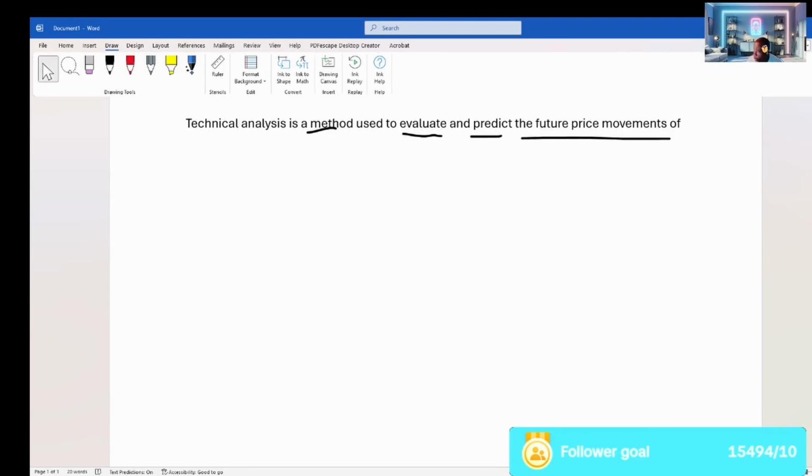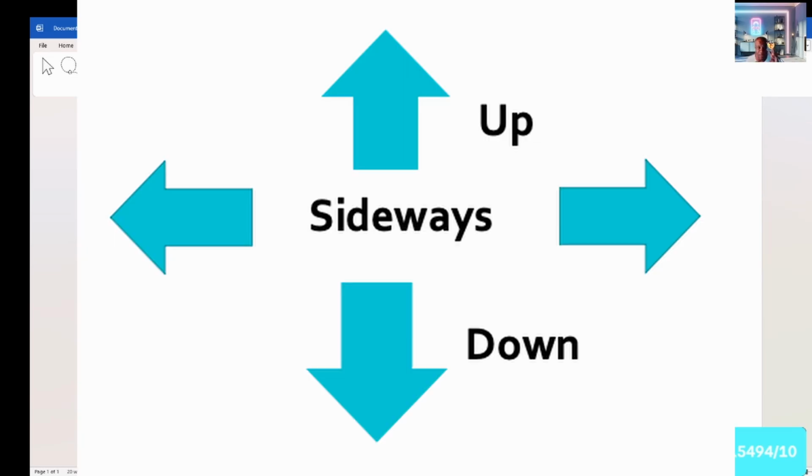Most of the time, the stock market does 3 things every day. That's it, 3 things. It goes up, down, up, down.